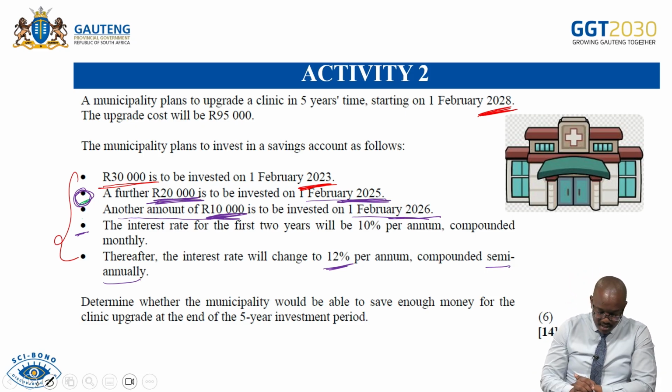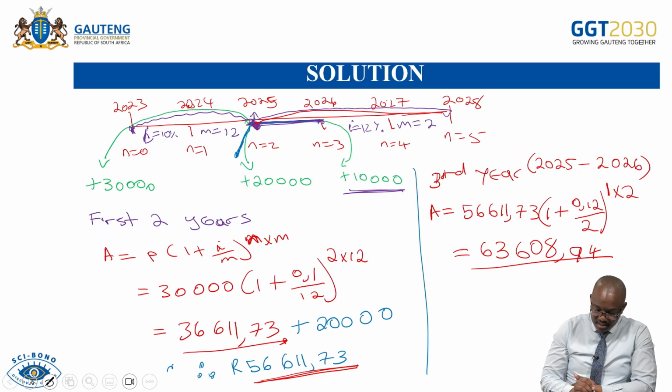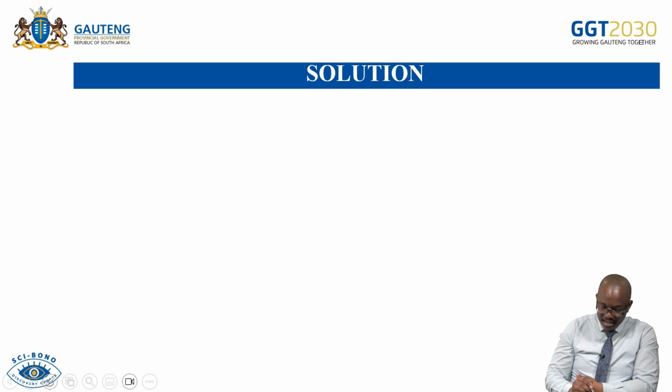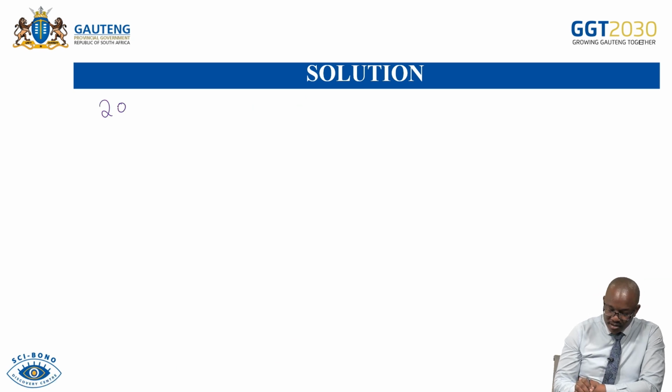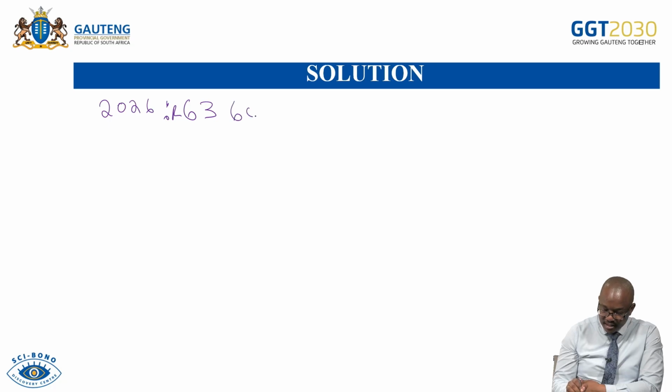So now it means in 2026, we are still going to add our money there. The amount there, we have 63,608 rand 94.